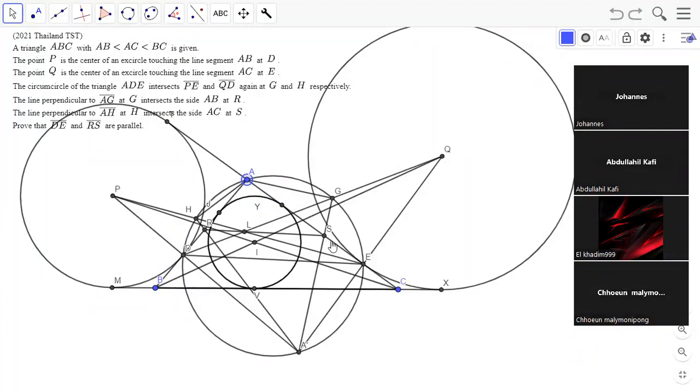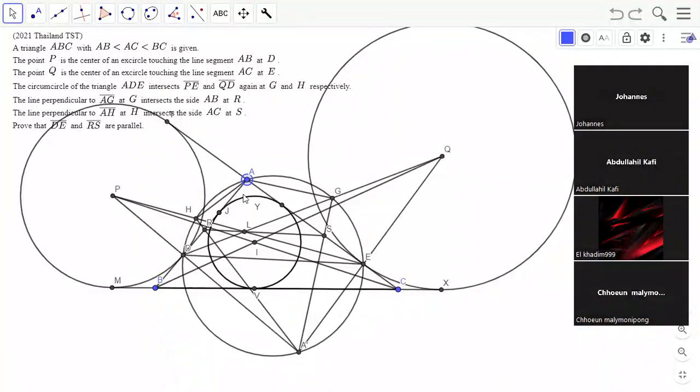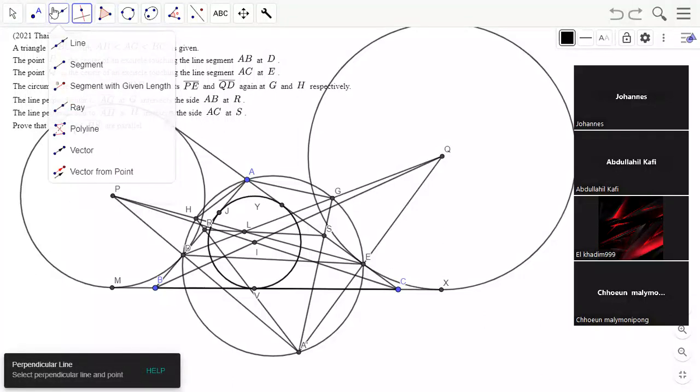So there's another interesting point. The north pole of BAC, or I mean, I don't know if North Pole is generally well known, but it's just where the exterior angle bisector intersects the circumcircle. In Germany we call that North Pole.